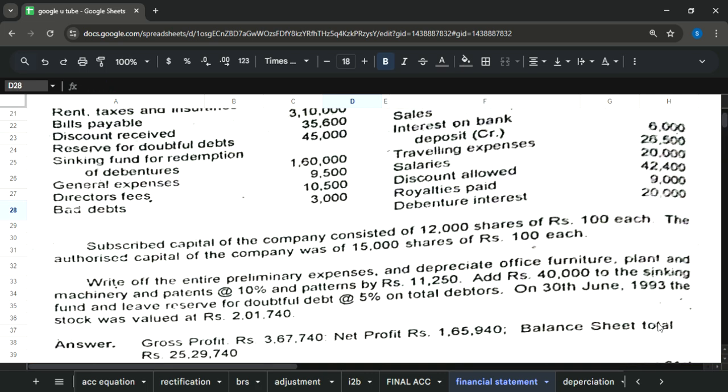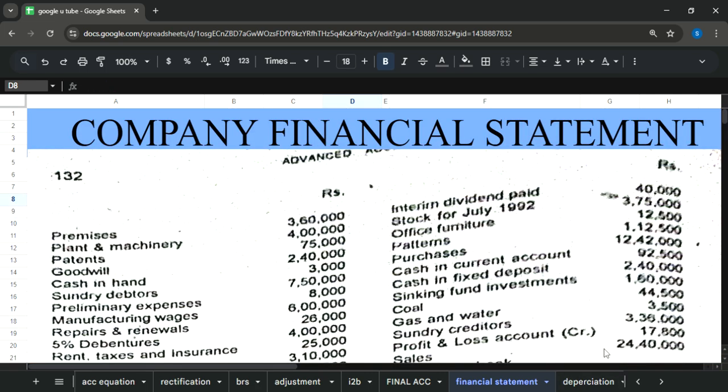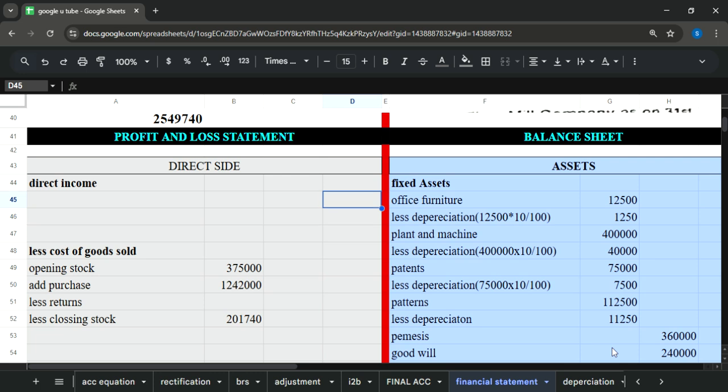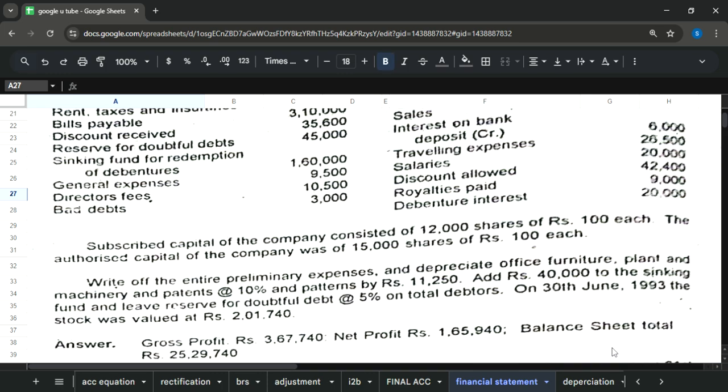After profit and loss account we have sales 24,40,000. So here 24,40,000 amount of sales. We will see if returns are present. So guys, sales are written.